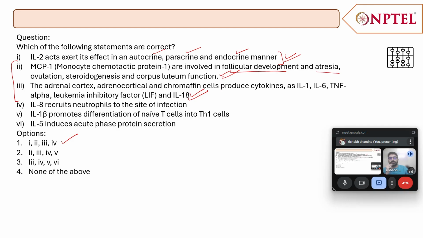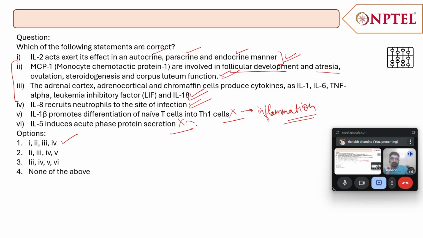IL-8 recruits neutrophils at the site of infection. Yes, this is correct. IL-1 beta promotes differentiation of naive T cells into Th1 cells. No, this is false. Okay, so IL-1 beta has major functions in inflammation. Okay, IL-5 induces acute phase protein secretion. No, this is also not correct.